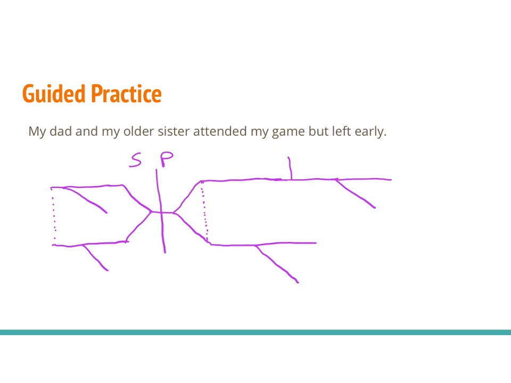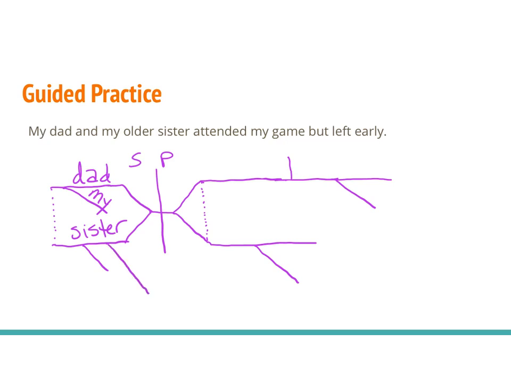Okay, now that you've unpaused the video, let me talk you through this. Who or what is this sentence about? It is about my dad, and it is about my sister. My dad and my, oops, I did forget a line.